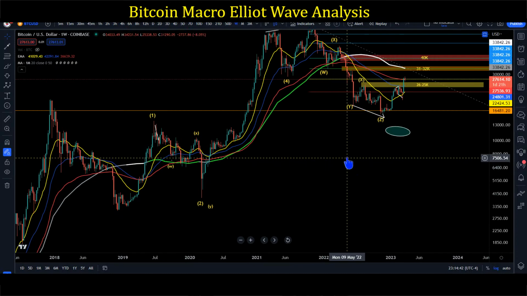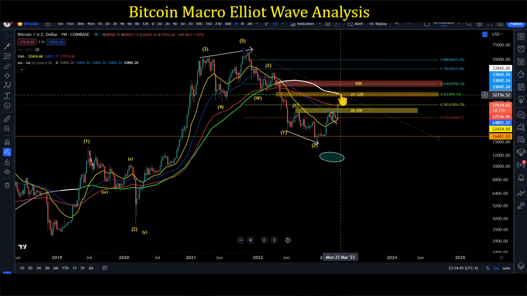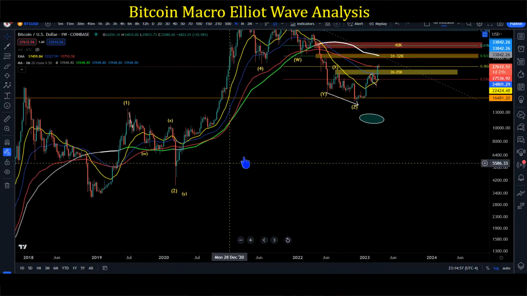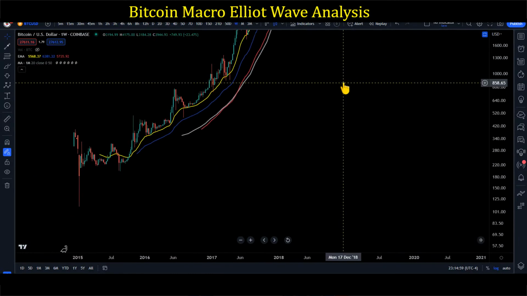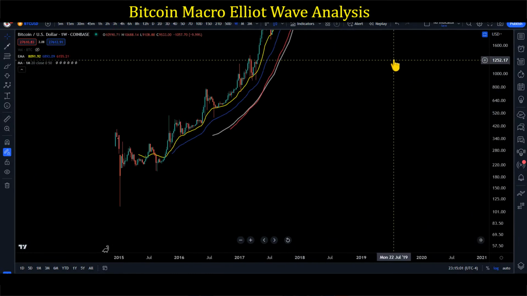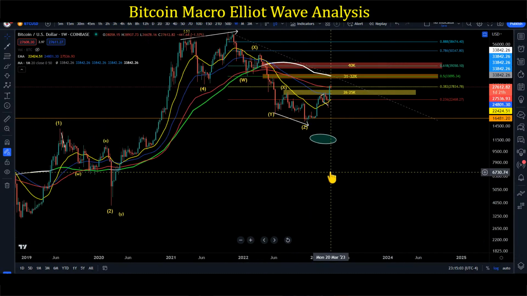That's when we picked. So we don't know if we're going to be picking again after our weekly 21 EMA crosses above the monthly 20 SMA, right? So we'll see how it goes.